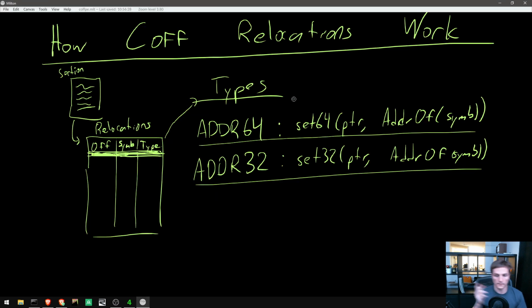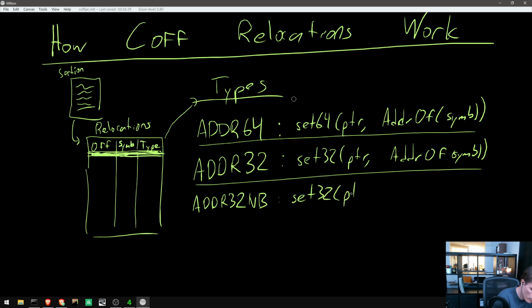So this is like ADDR32NB, and NB means set 32, put the address of symbol minus base VA address.